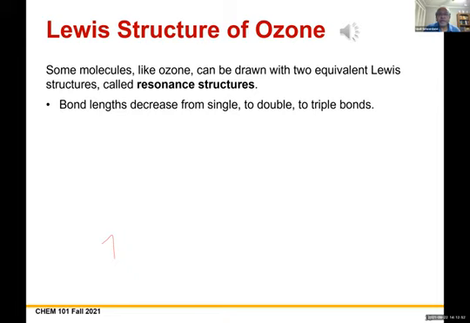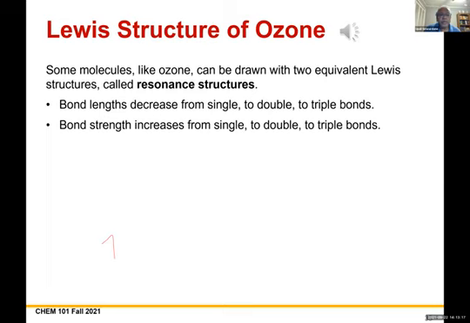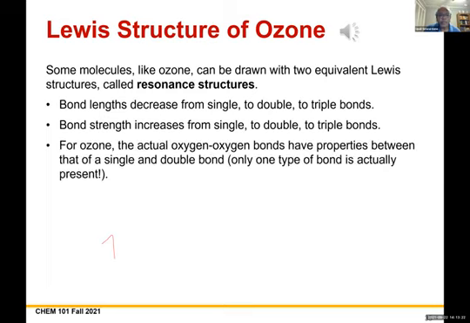In Lewis structures of molecules, a bond becomes shorter as the number of shared electron pairs increases, for double bond, triple bond. They become shorter and stronger. So a triple bond is a stronger bond than a single bond. Bond strength increases from single to double to triple.